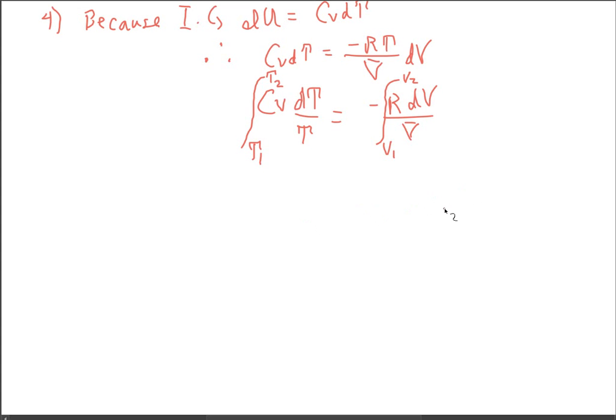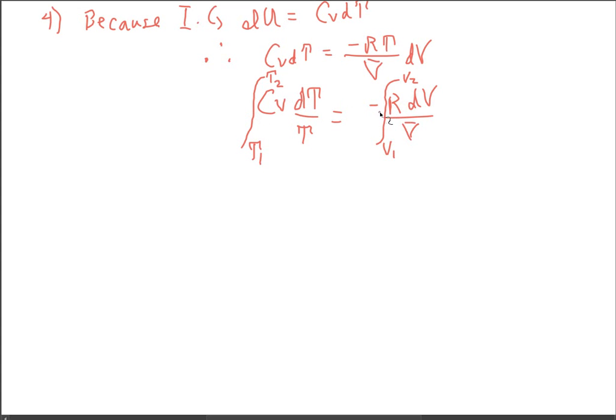Now, I can integrate this expression by simply drawing integral signs on both sides. On the left, we're going to integrate from T1 to T2, and on the right, we're going to integrate from V1 to V2. This is an integral you recognize. CV is a constant. It's going to come outside, so we're going to have 1 over T dT. Same over here. The R is a constant that's going to come outside.